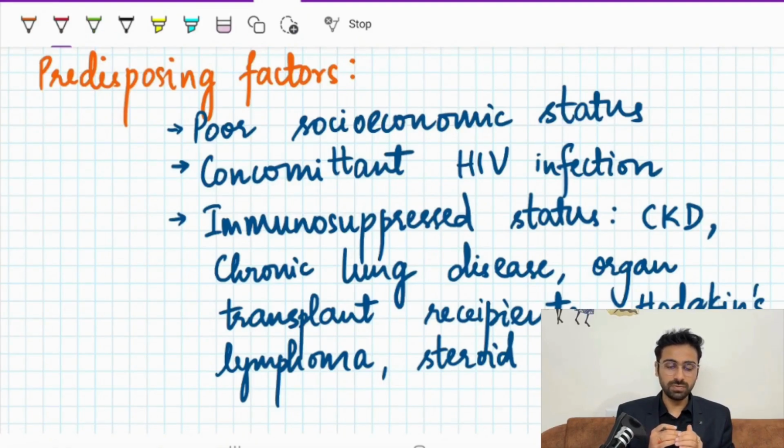Concomitant HIV infection is a very common thing that we find in cases of tuberculosis. Immunosuppressed states such as chronic kidney disease, chronic lung disease, patients on immunosuppressants, patients who are recipients of organ transplant, patients who are taking steroids, they are more prone to develop this disease.